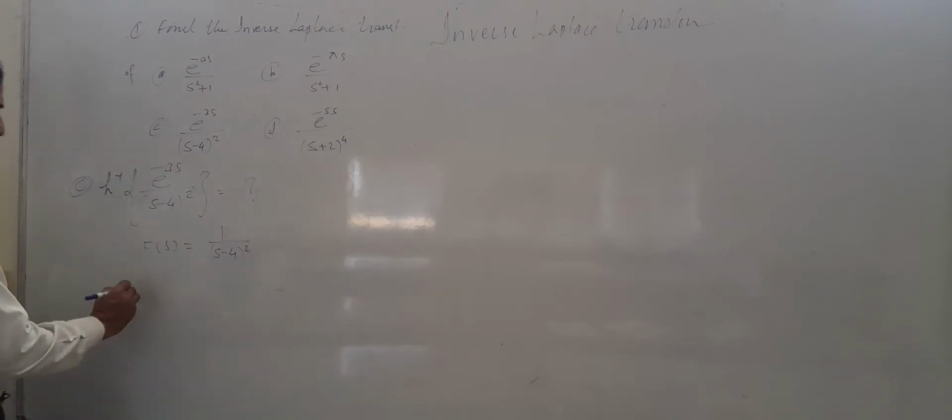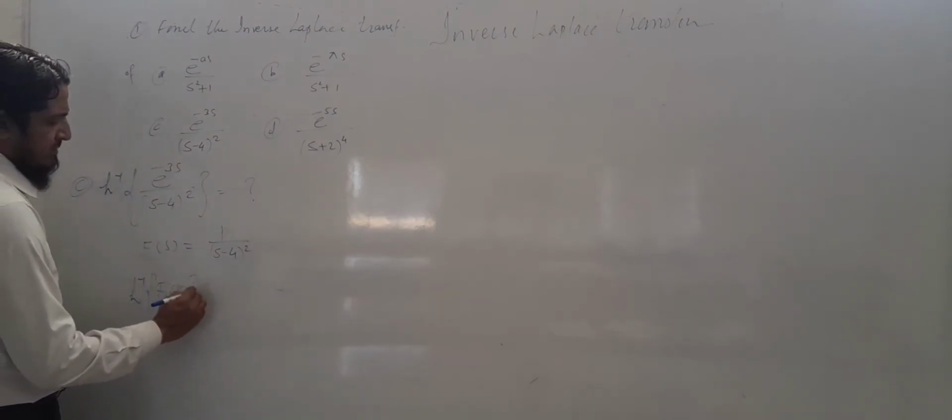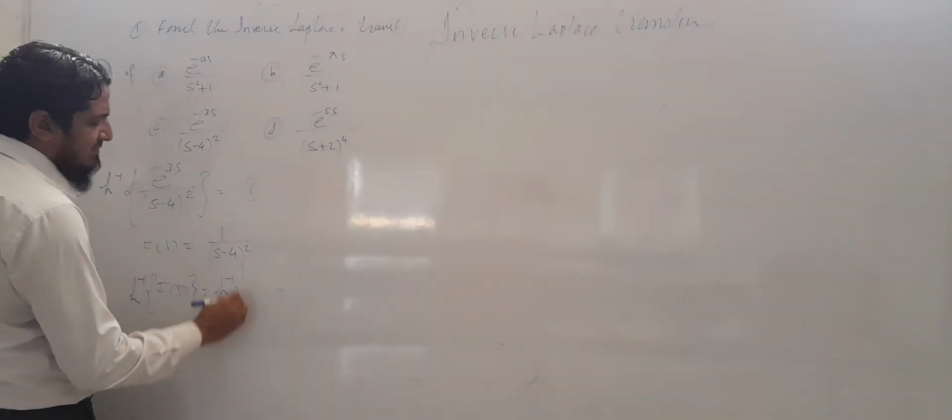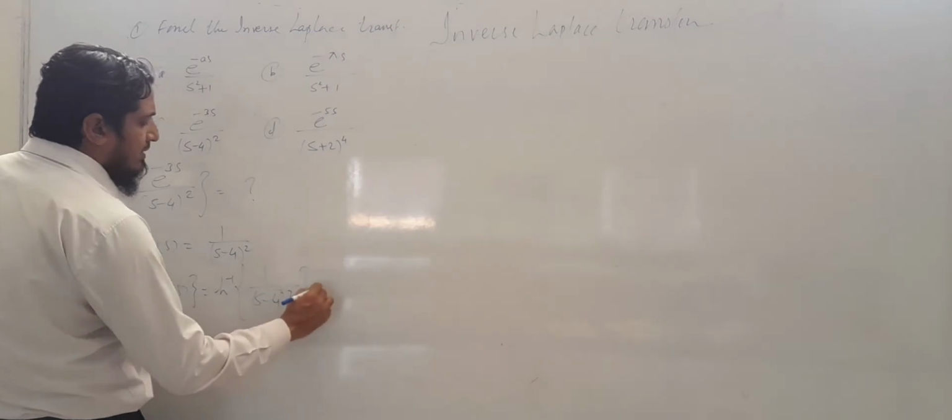Now taking the inverse Laplace transform of this F of s, we get the inverse Laplace transform of 1 upon s minus 4 whole square.